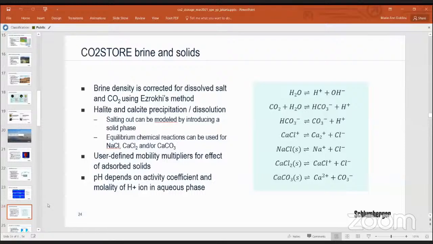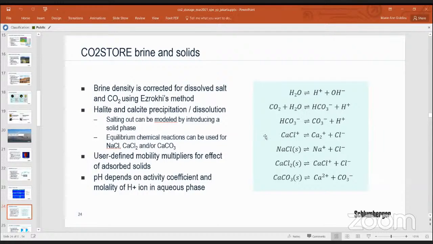I'll also mention the chemical reactions that we use to handle the interactions with brine and solids. So brine density is corrected for dissolved salt. And we have the chemical reactions to represent salting out, in which perhaps the water evaporates into the CO2 and you're left with a lot of salt near the injection well.